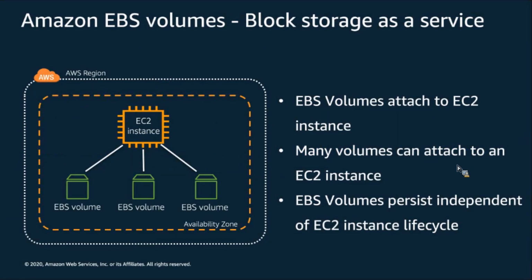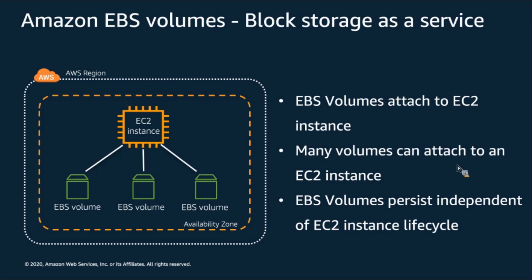So here, Amazon EBS volumes, let's go back into the EBS volumes. EBS volumes are attached to the EC2 instance, as you know. Many volumes can attach to an EC2 instance, and EBS volumes persist independent of the EC2 instance lifecycle. So let me touch upon that briefly.